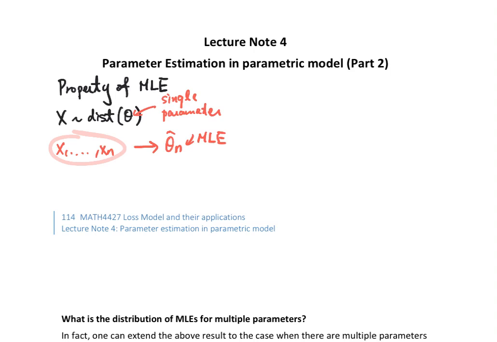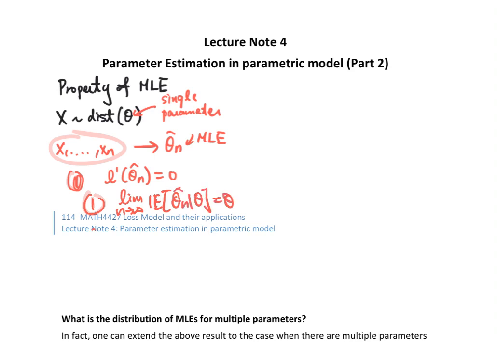Remember, let's assume that your PDF satisfies some regularity condition, and your MLE is obtained from the first order condition. Then we can argue that, first of all, the MLE is asymptotically unbiased, in the sense that if we take the expected value of this MLE, it should equal the true value.